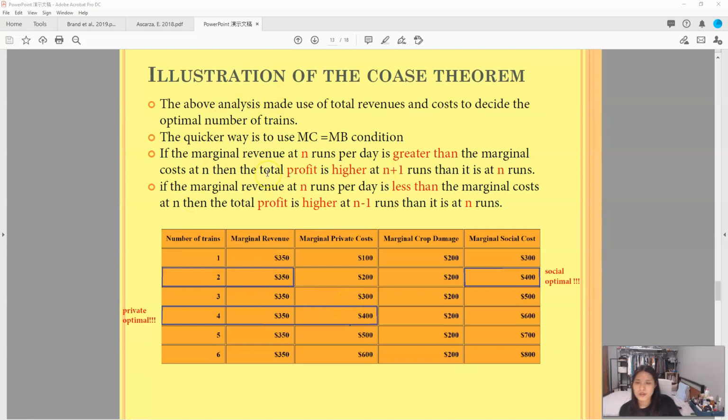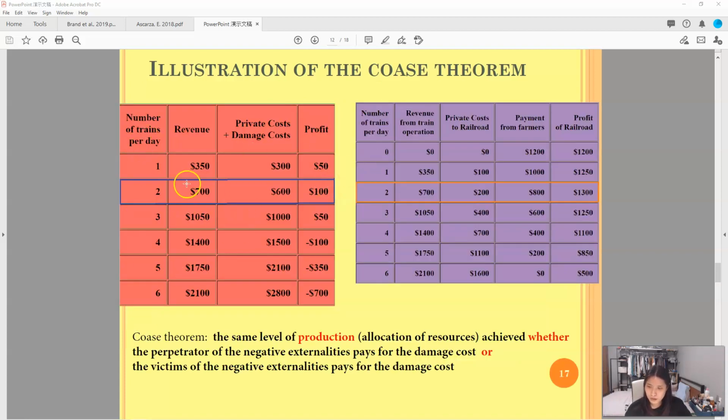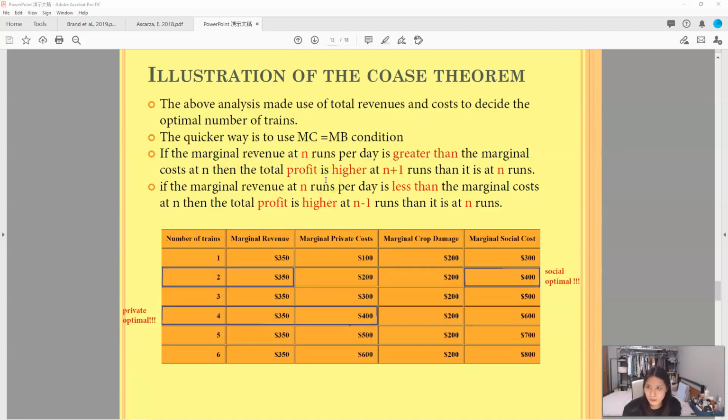And on this page, I will describe another way to decide the optimal level. Remember, in those two tables, we decided the optimal level by finding the maximized profit, right? Another way to do that is to find the condition where the marginal cost is equal to marginal benefit.